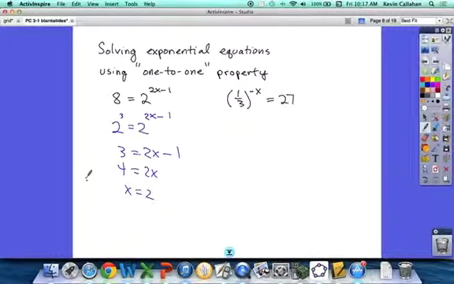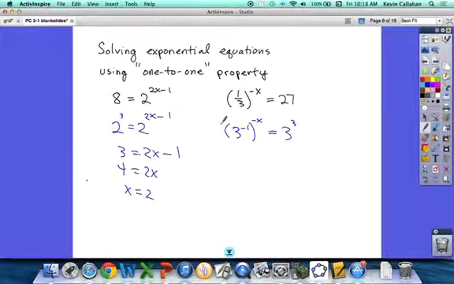Okay, how about the problem on the right here? What do you think is the base that we're going to try to make both sides have? 27, you should recognize as being something raised to a power. 3 to the 3rd, right? And 1/3 is clearly 3 to the negative 1. So if I write 3 to the negative 1 for 1/3 to the negative x, and 3 to the 3rd on that side, I can simplify 3 to the negative 1 to the negative x by using properties of exponents.